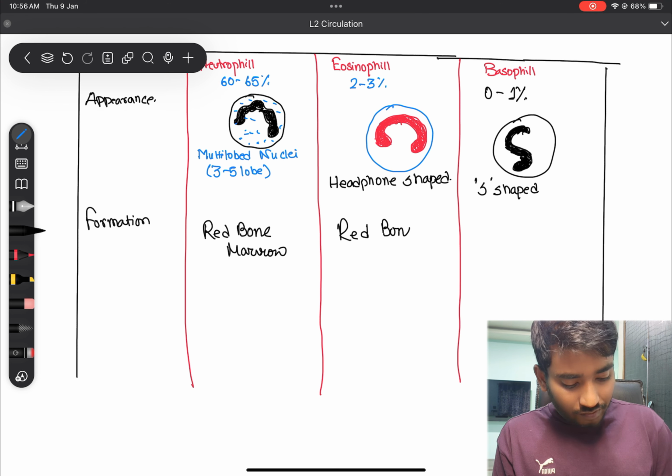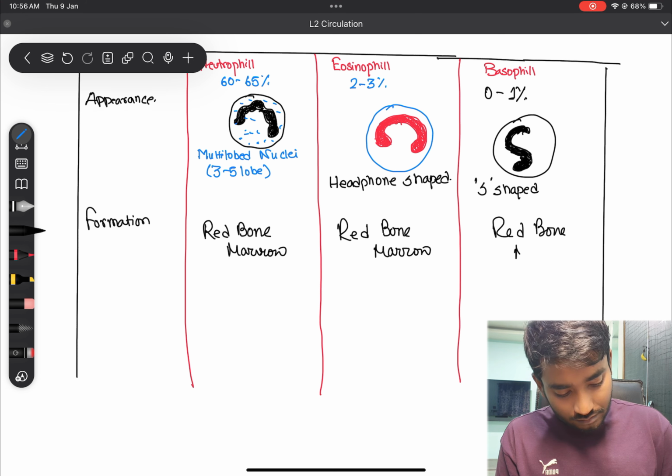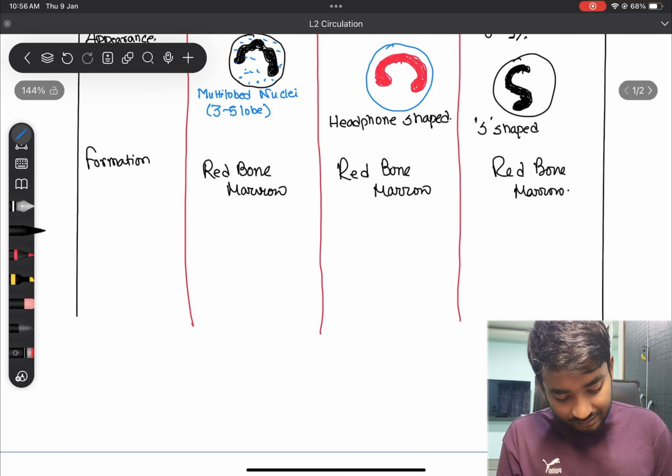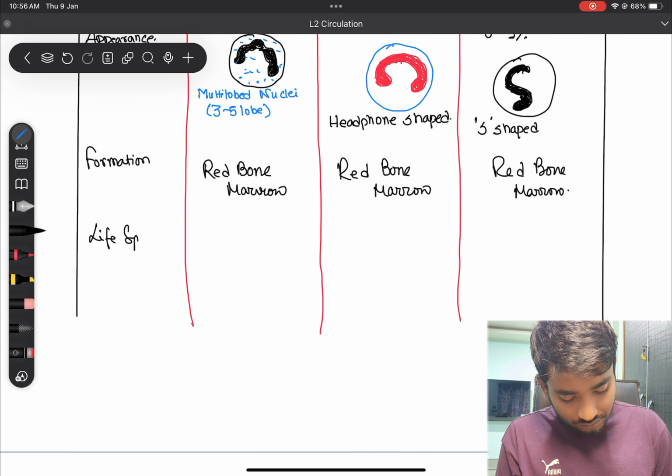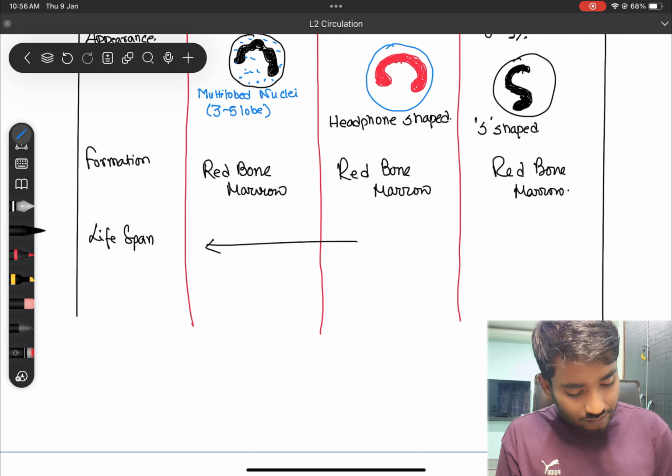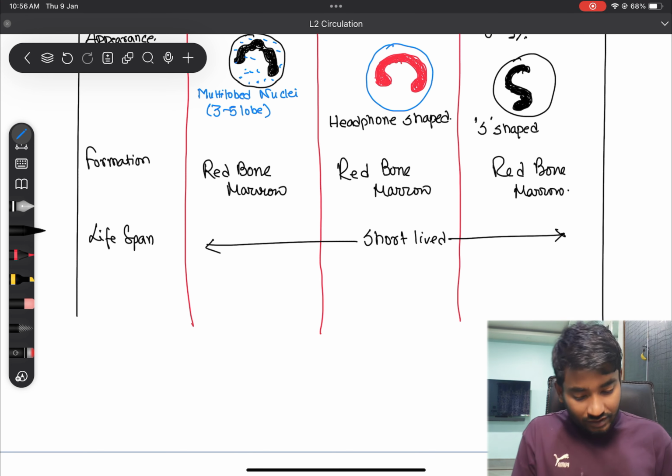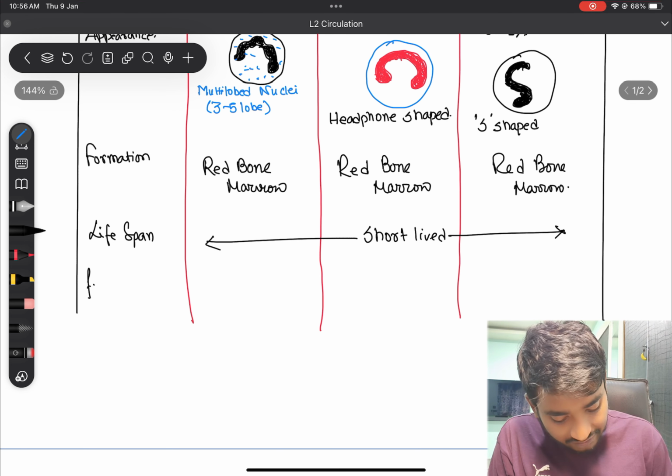Eosinophil is also in red bone marrow. Basophil is also in red bone marrow. Lifespan: all are short-lived. Function is different.